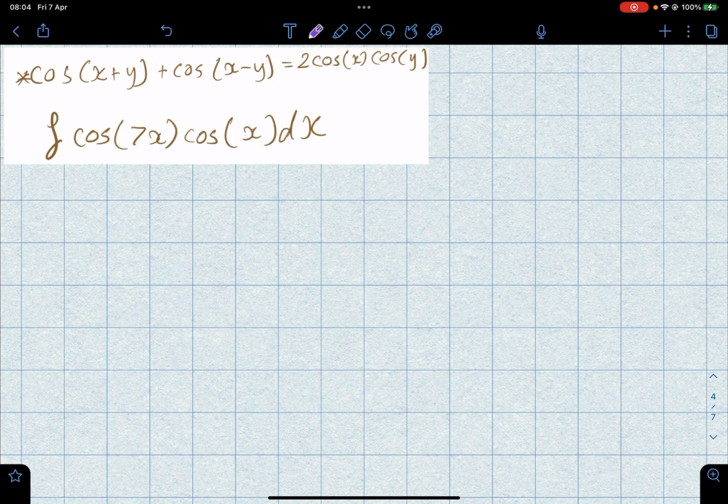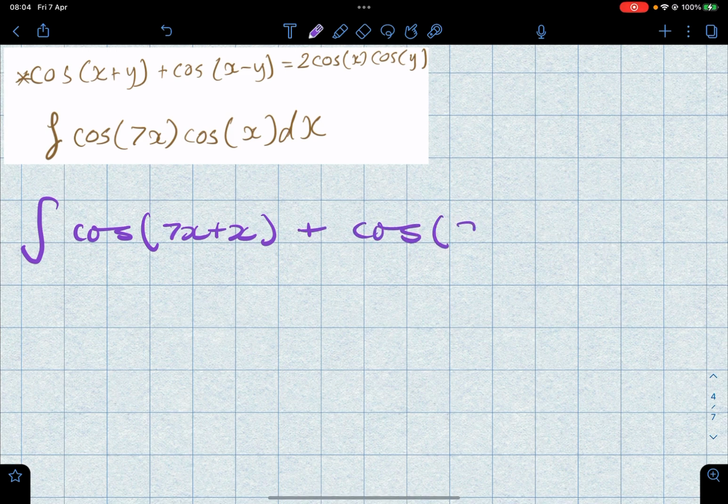So that's really convenient. So we can just write this as cosine the sum, so this plus this, that's 7x plus x, plus cosine of the difference, 7x minus x.